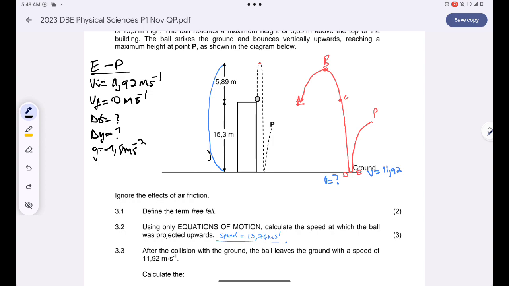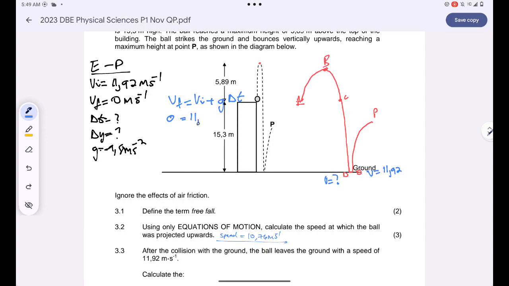I can simply use the first equation because I don't have displacement. I must just avoid using any equation that has a displacement. So I'll simply have Vf is equal to Vi plus g delta T. The final velocity is 0.